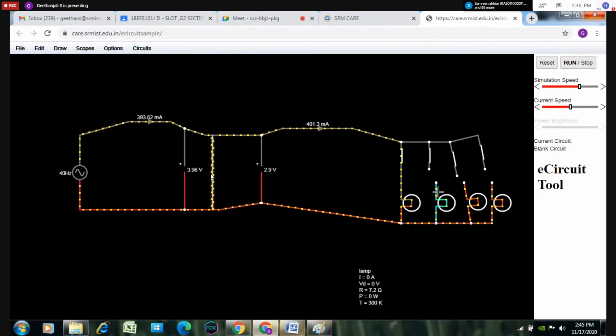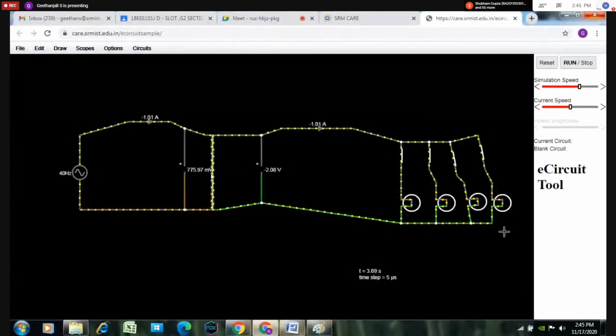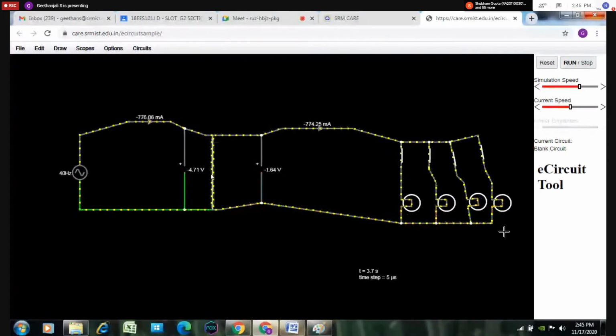Don't sit simply. By random, I call your register number, and you will be asked to show the circuit. If you are not showing your circuit, I will mark absent. Otherwise, no attendance today.